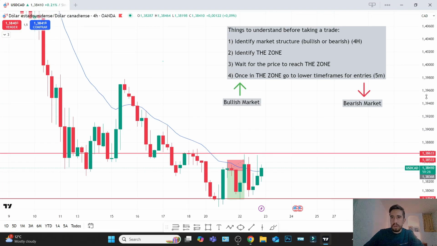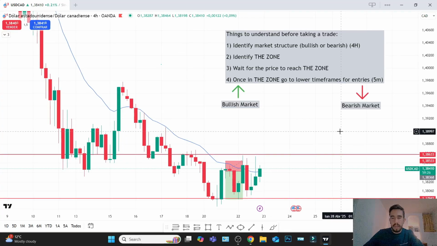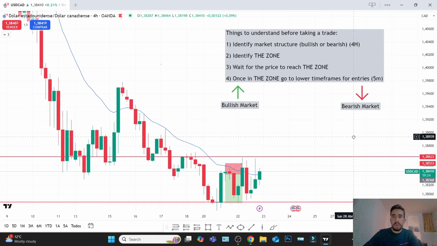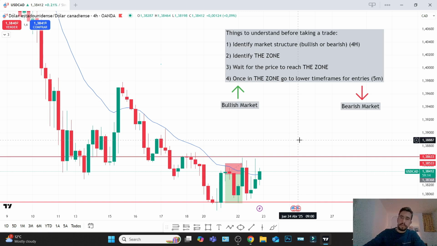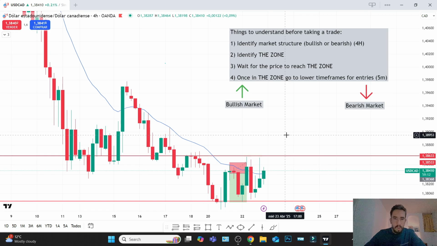They all depend on whether during the week we find all these confluences or scenarios that need to happen in order for me to take a trade. Otherwise, I wouldn't put my money in there.